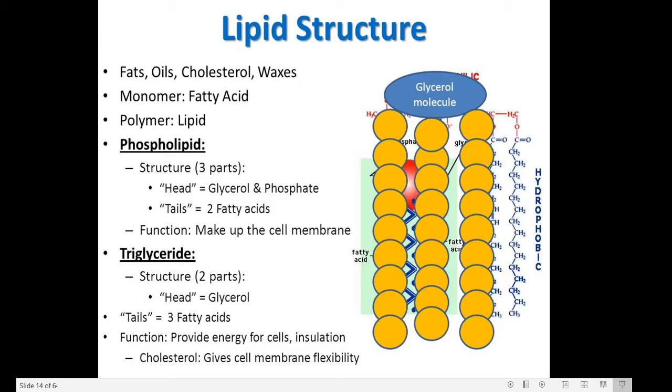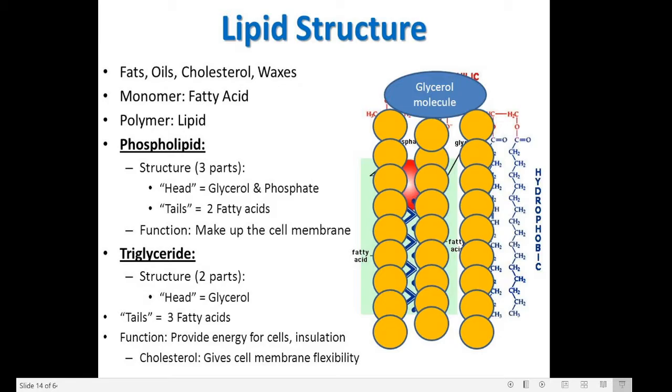It's a very important thing: the head has glycerol and phosphate, the tail has two fatty acids. As I mentioned, this plays the cell membrane function. Then another lipid is the triglyceride. In this triglyceride there are two structural parts.